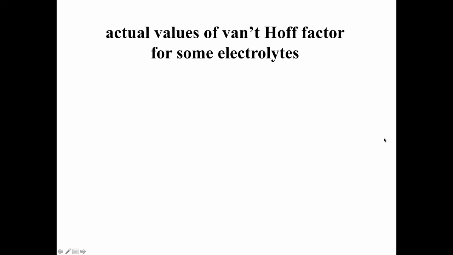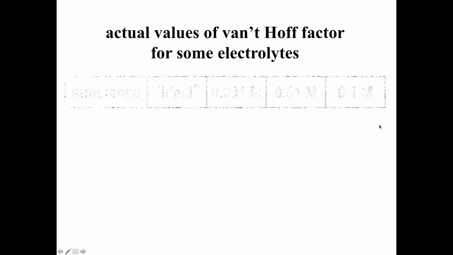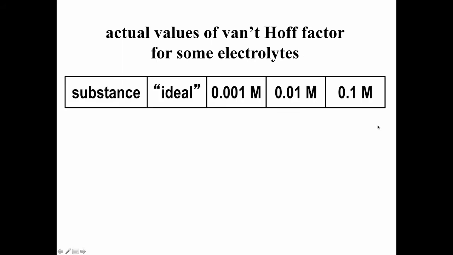Now, we just saw that the Van't Hoff factor for something like a weak acid can't be predicted just by looking at the formula of the compound. And it's also worth noting that even for compounds that we've been predicting Van't Hoff factors for, that's an idealized version, which is true in a lot of cases, but it does change for some substances as their concentration changes.